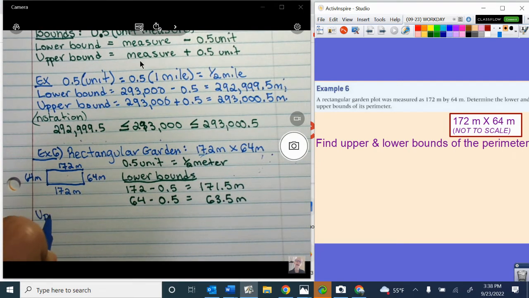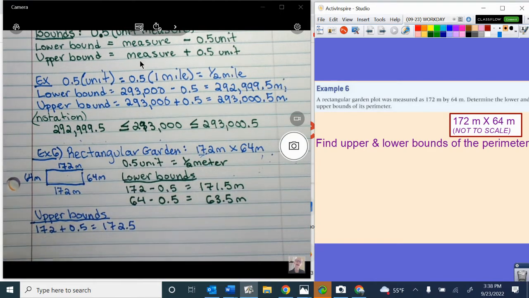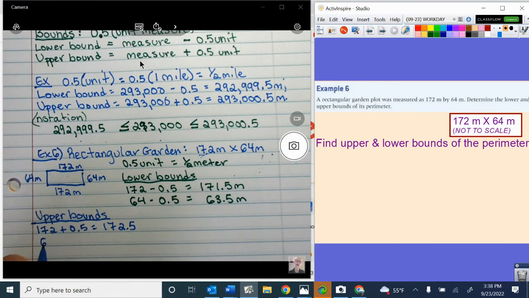Upper bound, we will just add 172 plus that 1/2 meter, 172.5. And then 64 plus 1/2, 64.5 meters.